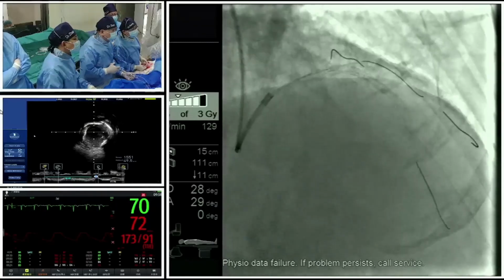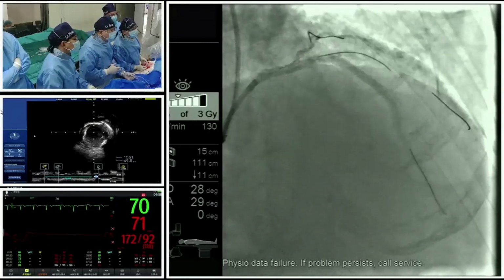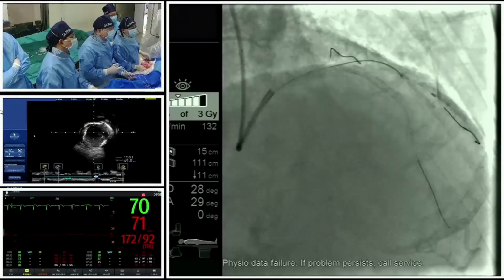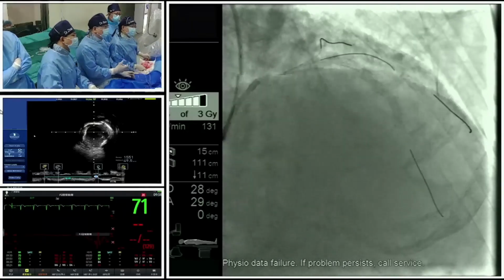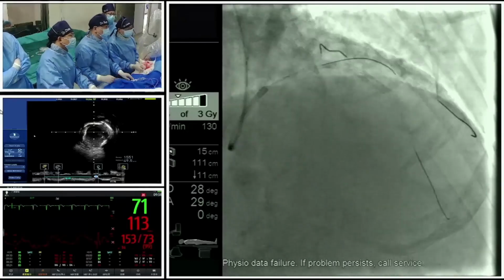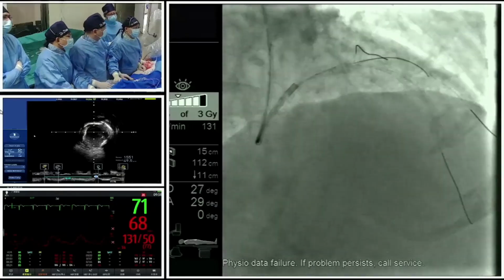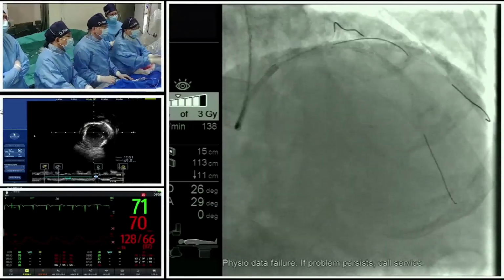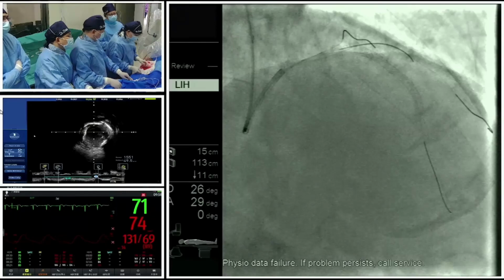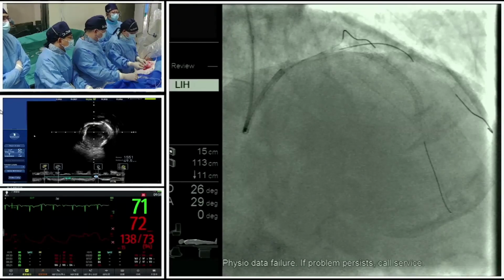In this setting, I think for this patient, the 3 stents are more suitable and a good selection.